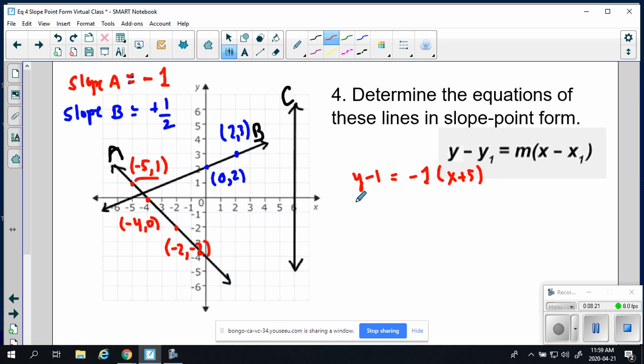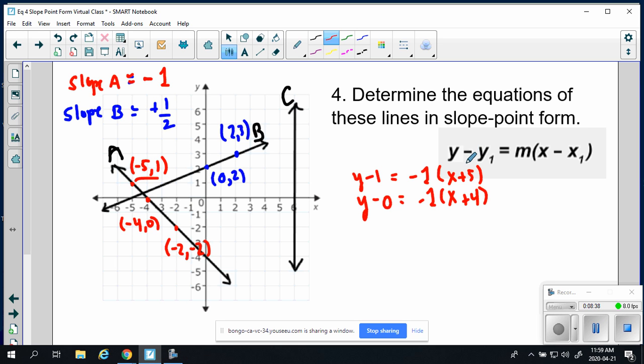Or maybe I could write it with the second point that they give us, -4, 0. So I would go y minus 0, but the slope is still -1, and x plus 4. As a matter of fact, both of these are correct.